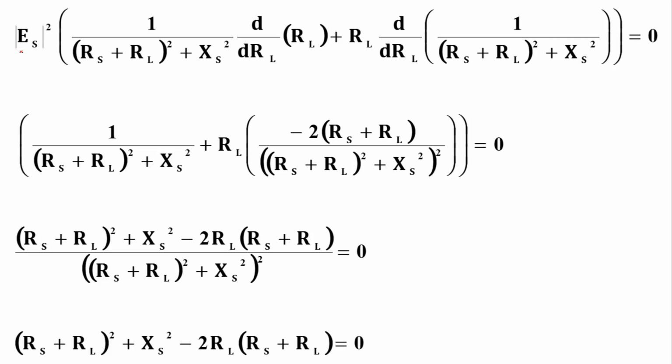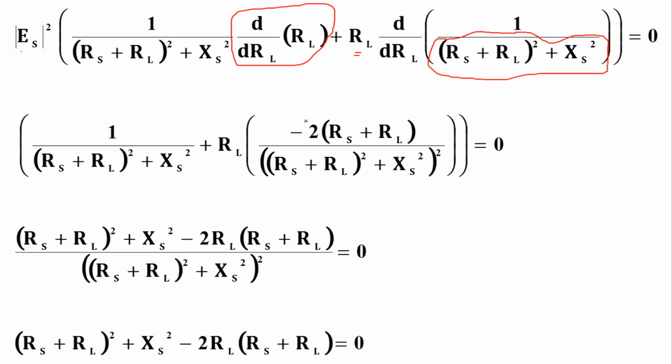Now ES will go to the denominator of 0, so it will become 0. So 1 upon RS plus RL whole square plus XS square as it is, and differentiation of RL with respect to RL becomes 1. So that is equal to 1 plus RL as it is. Again we will use the 1 upon X formula. This entire term has a power 1, so 1 goes to numerator, becomes minus 1 power.